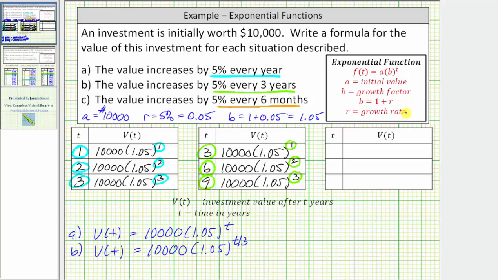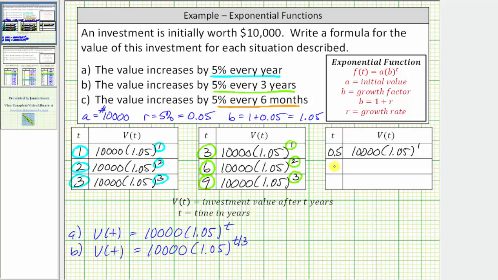And now let's focus on part C when the value increases by 5% every 6 months. Because t is time in years and 6 months is equal to 1/2 a year, or 0.5 years, for our table, let's begin by letting t equal 0.5, which is half a year or 6 months. And over this time period, the value increases by 5% one time, which means the value is 10,000 times 1.05 raised to the power of 1.